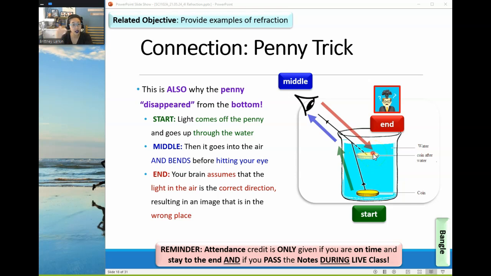Again, we saw that the penny kind of moved higher and higher in the water until at some point it disappeared just because of how the glass was shaped. So we can see that we assume the penny is higher than it really is, and that is eventually why it disappeared from the bottom. It's not in the right spot. Your brain interprets that and puts it in the wrong spot.